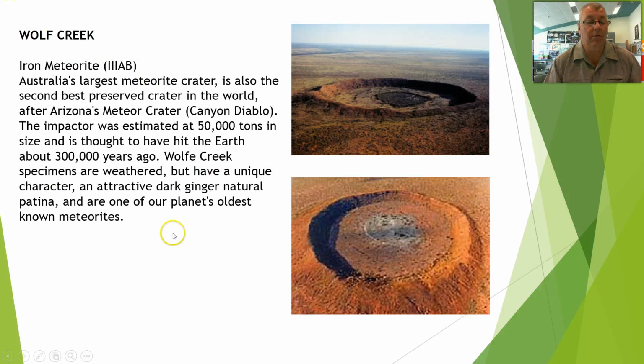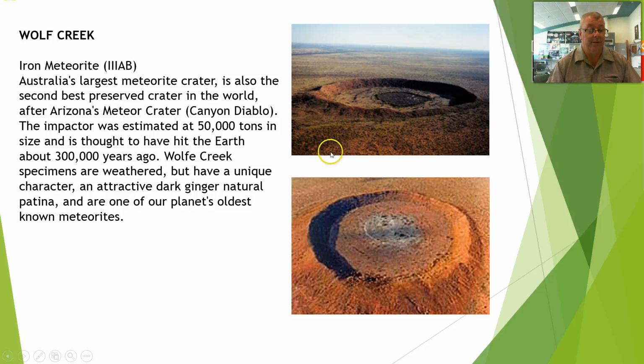Now, if you want to see situations where momentum occurs on a large scale, an inelastic collision, a meteorite hitting a planet is an example of an inelastic collision, because all this rock and stuff is deformed. This is Wolf Creek, not where the movie occurred, but an actual very well preserved meteorite crater in West Australia.